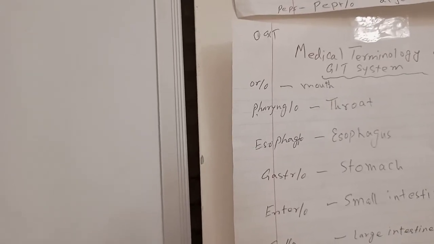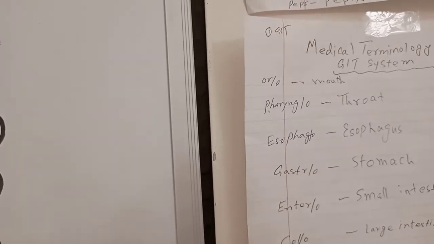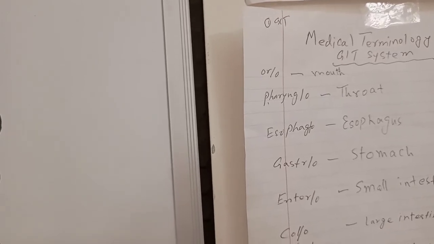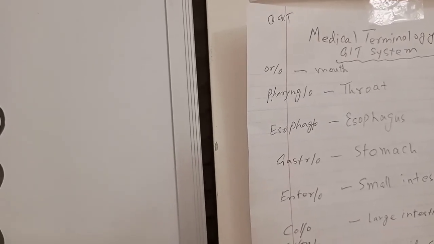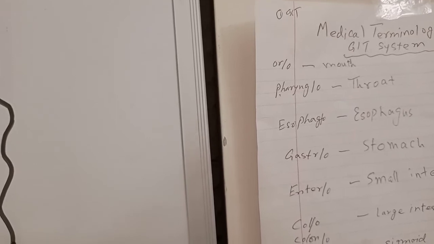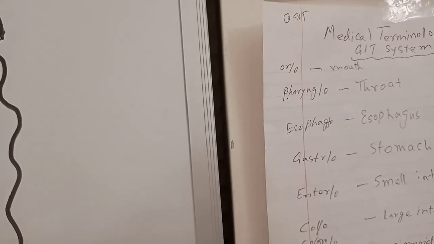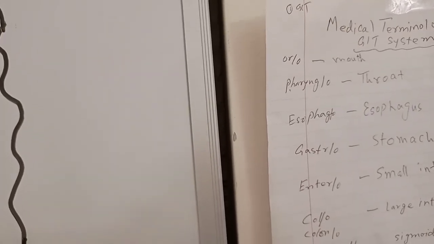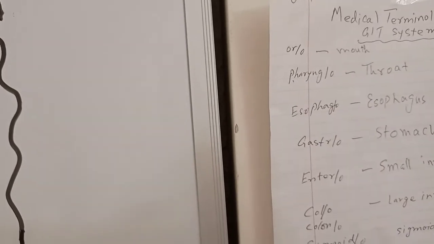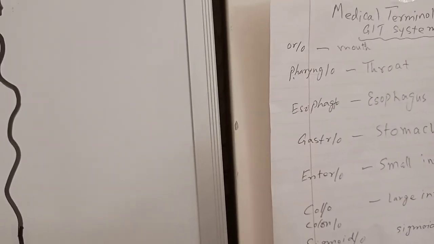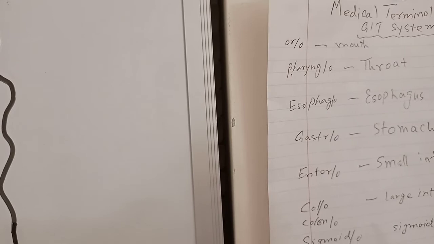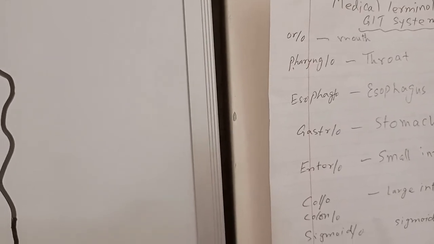Pharynge is throat. Pharyngitis, infection or inflammation of the throat. Pharyngoplegia, plegia, paralysis of the throat. It happens in hemiplegia. Pharyngectomy, surgical removal of the part of the muscle of the throat.